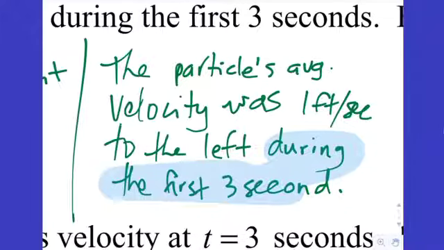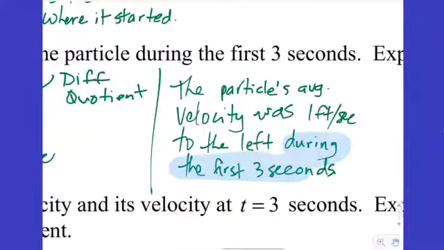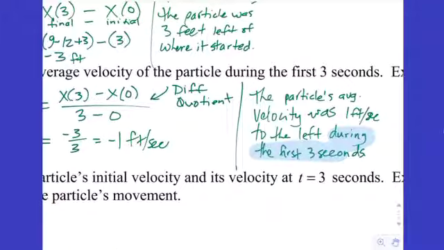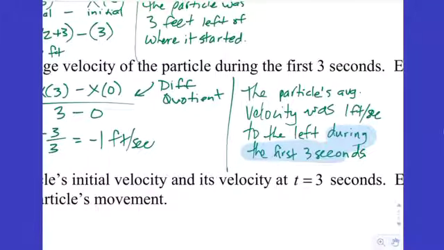So normally I would say, "During the first 3 seconds, the particle's average velocity was 1 foot per second to the left." You always want to interpret a plus or a minus sign in a vector quantity in your write-up. Okay? You could also say that its position on average was decreasing by 1 foot per second. That means the same thing.